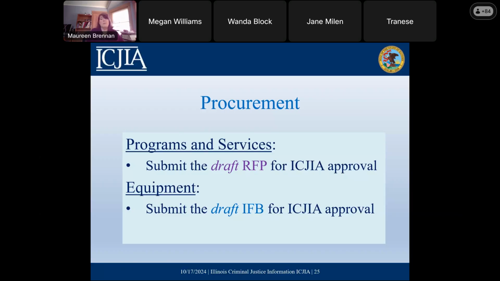And you're going to have to submit that RFP to the authority for our review and approval. If you're looking to procure equipment, then that's not an RFP, it's an IFB, an invitation for bid. And that too needs to be submitted to the authority for review and approval before it's posted.